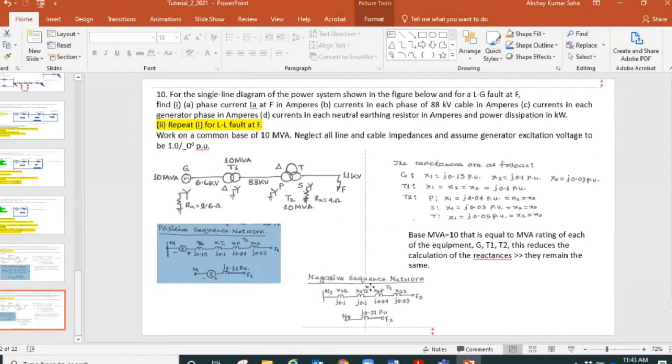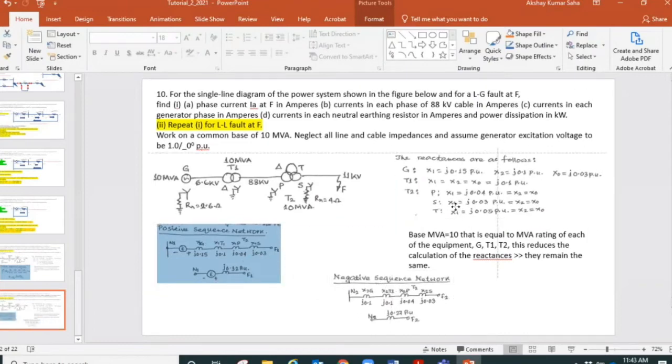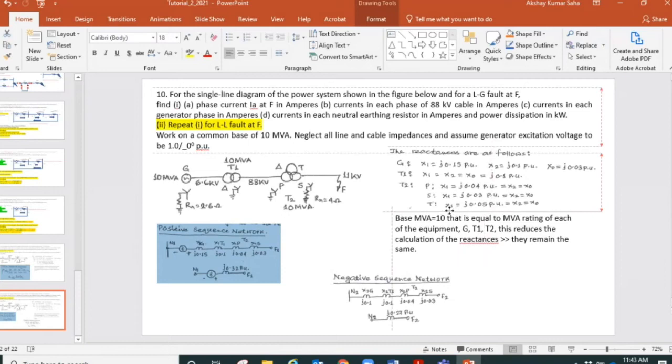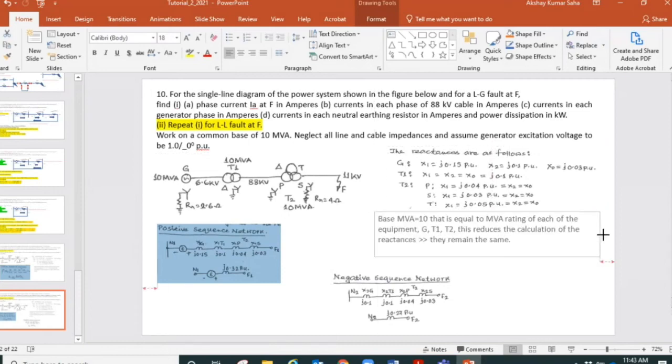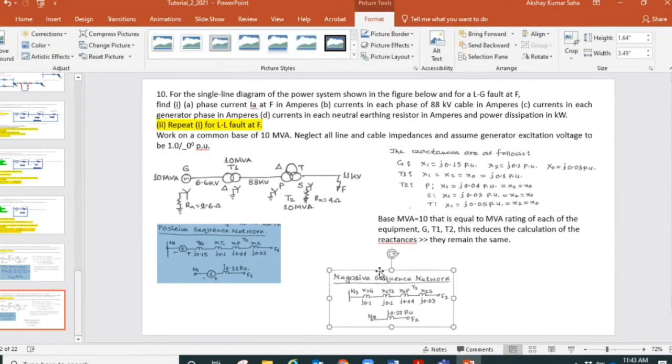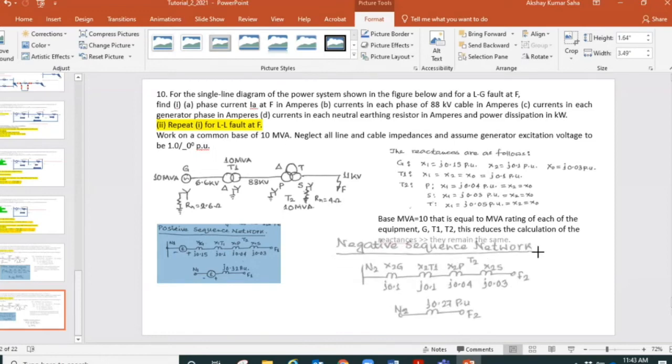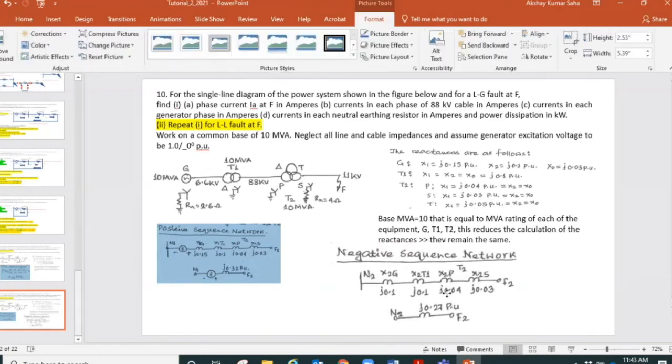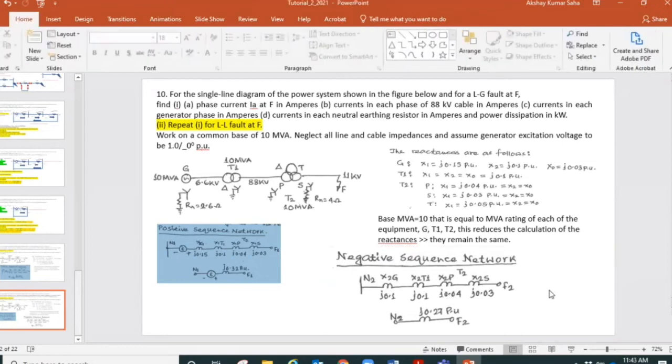Let me keep it there, positive sequence network and negative sequence network. They are following the same principle. They don't consider the tertiary winding; the primary and secondary windings of the three-winding transformer come into the scenario in series. So when we are done with that, we can go to the zero sequence network.